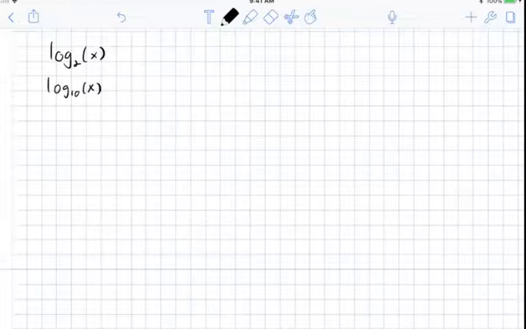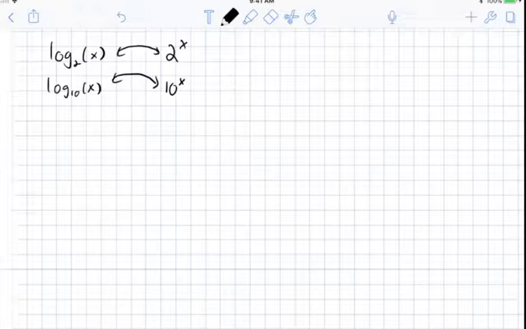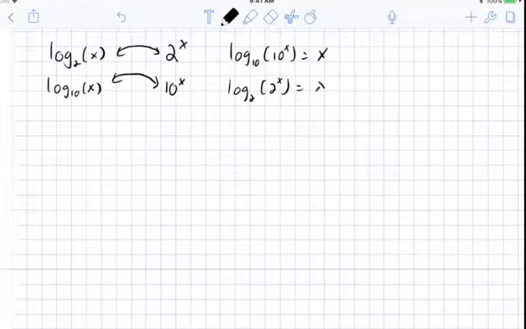And there are lots of different exponentials. 2 to the x is a different exponential function than 10 to the x. And the deal here is that they're paired off. Okay? So log base 10 of 10 to the x gets me back x. Log base 2 of 2 to the x gets me back x.